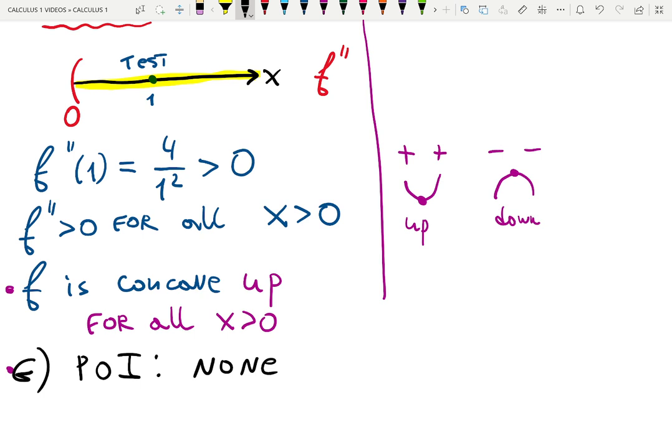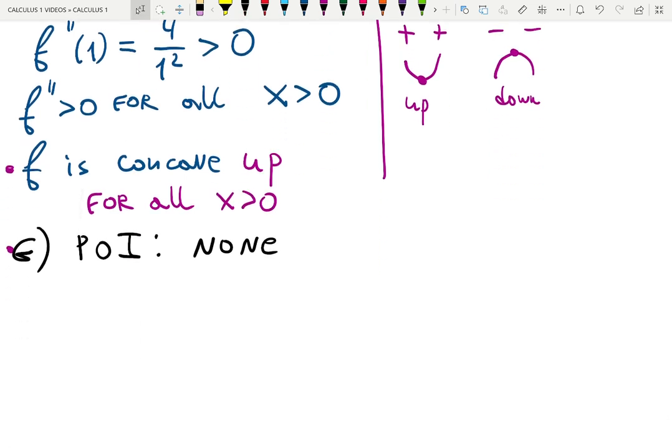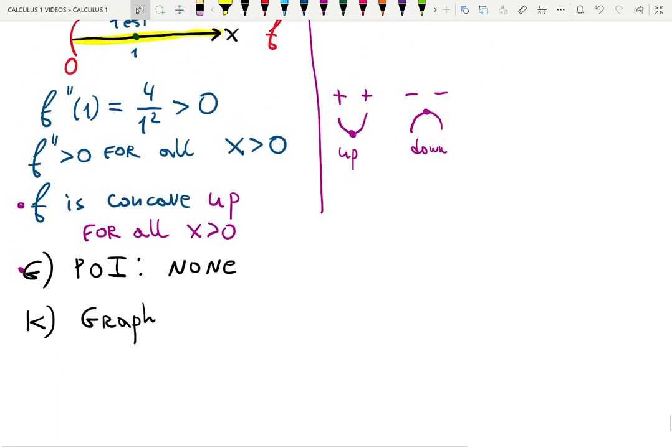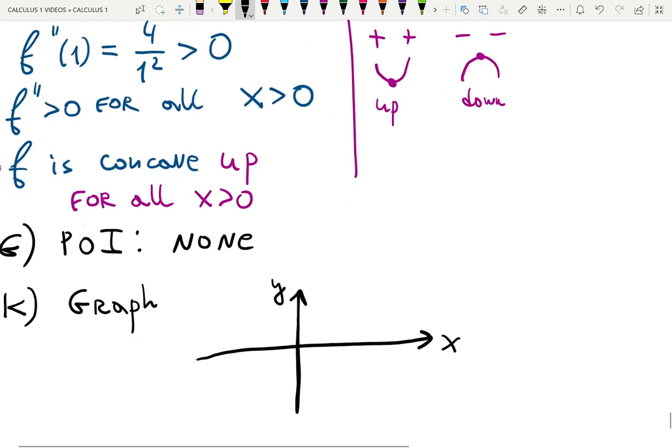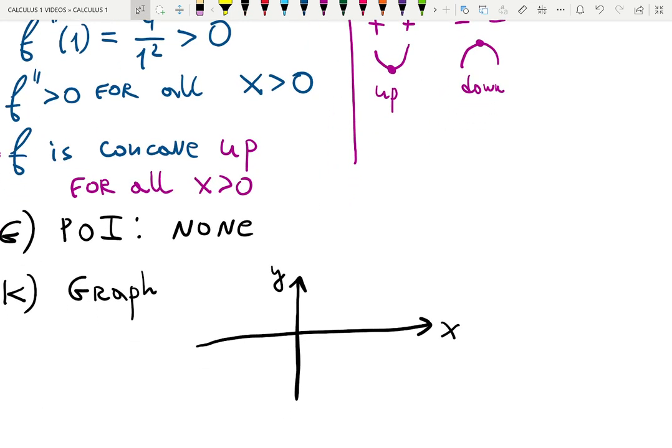Finally, it's time to draw. What do we know about the function? From this knowledge, we can sketch the graph. It doesn't have to be precise. We just want you to be comfortable with using all this given information and knowing some kind of approximate visualization of the function.